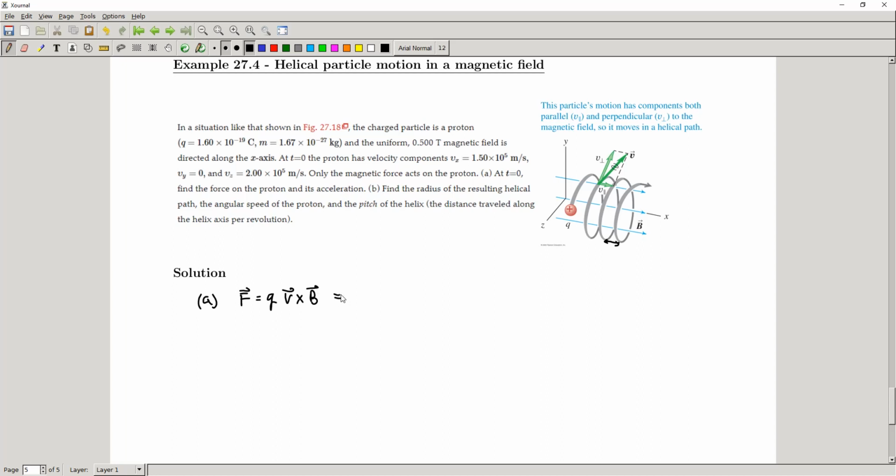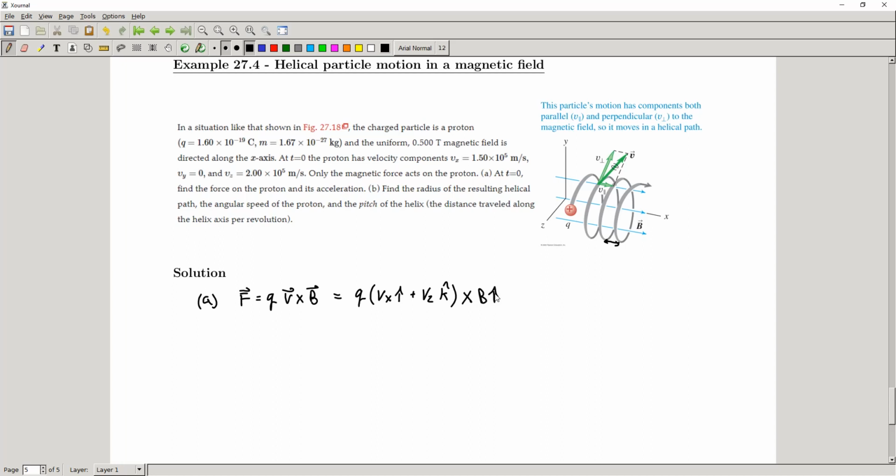We still have Q. We're going to have Vx in the i hat direction plus Vz in the k hat direction. We have no V in the j hat direction because it's 0. This is going to be crossed into B i hat, since B is pointing only in the i hat direction.